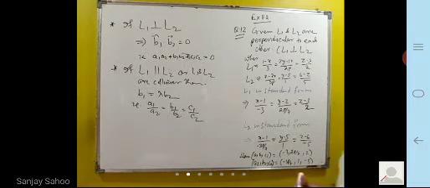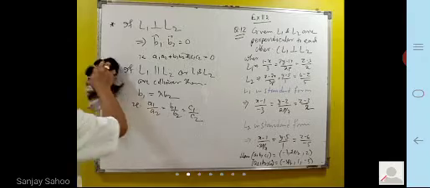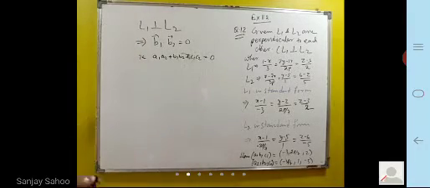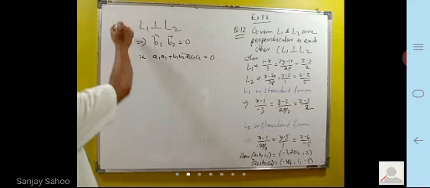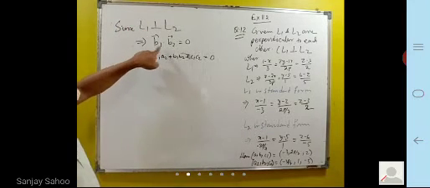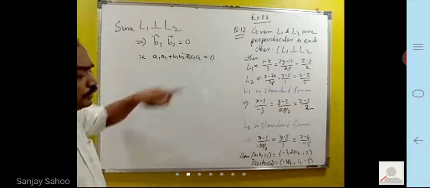Since L1 is perpendicular to L2, b1 dot b2 is 0, that is a1 a2 plus b1 b2 plus c1 c2 is equal to 0.